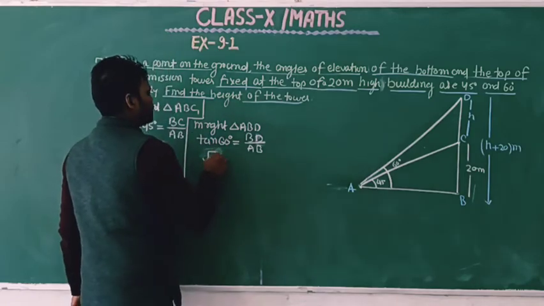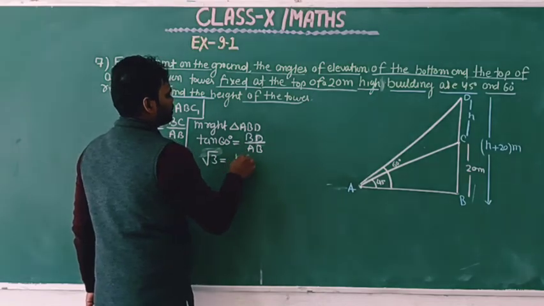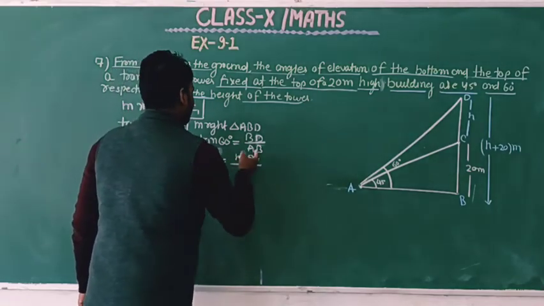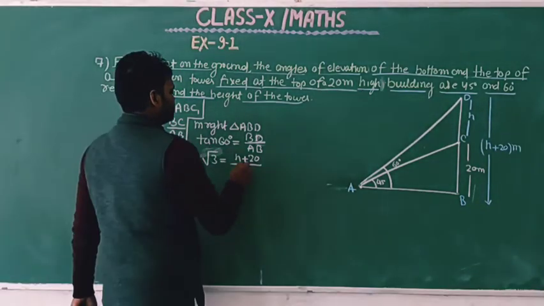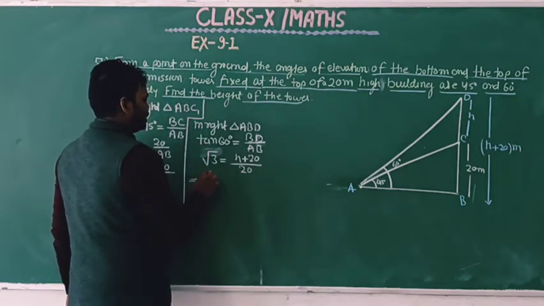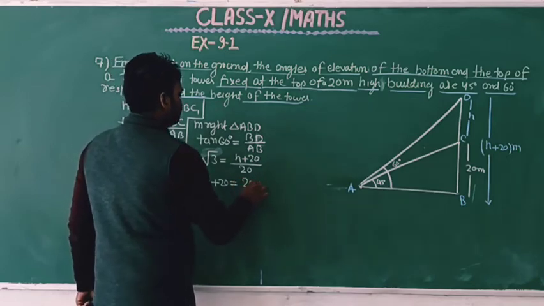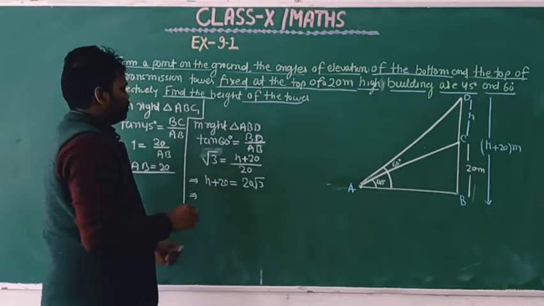So root 3 equal to BD upon AB. BD is h plus 20 and AB is 20 meter. Now cross multiply, so we get h plus 20 equal to 20 root 3.